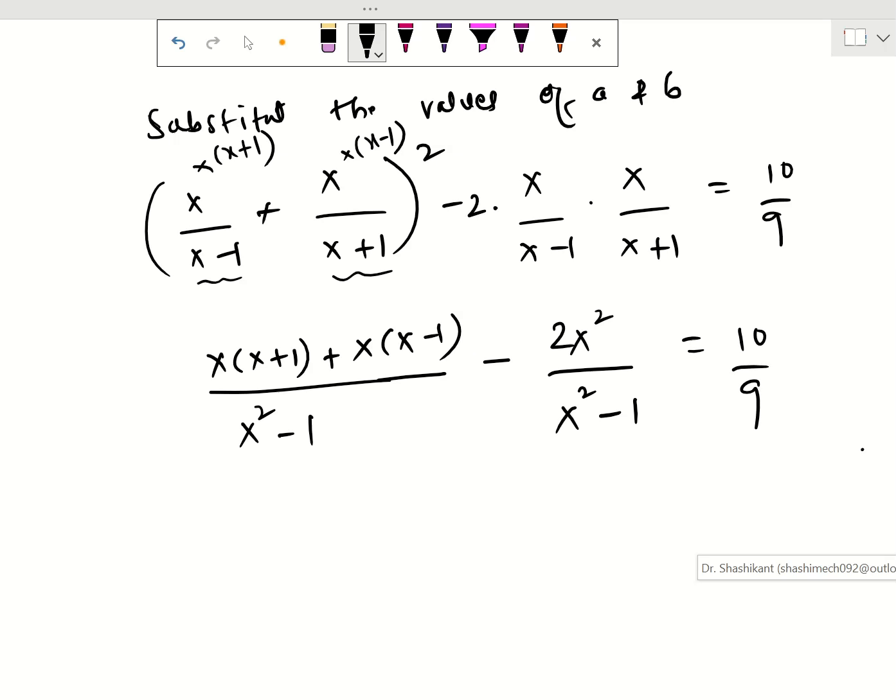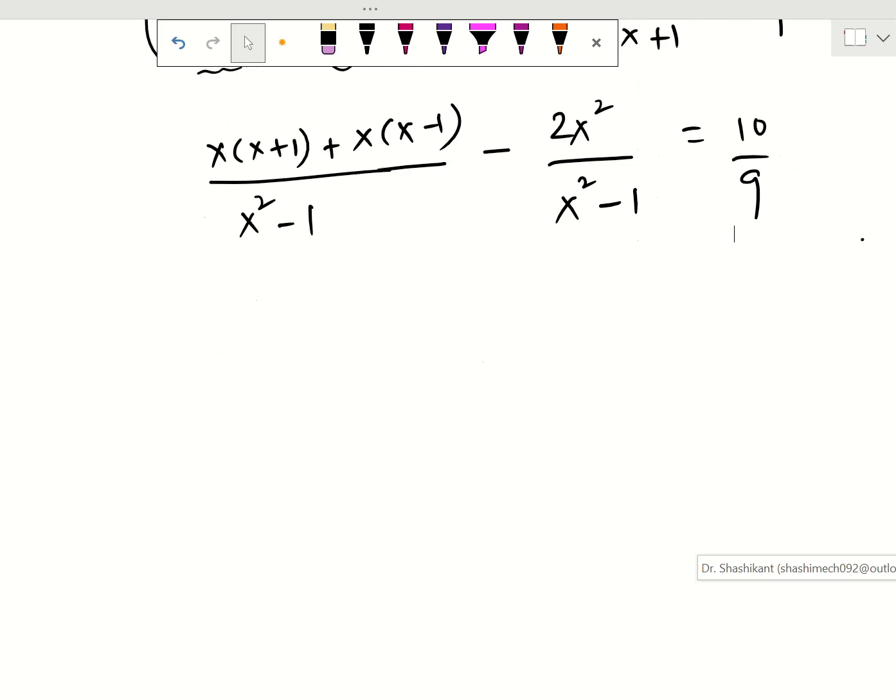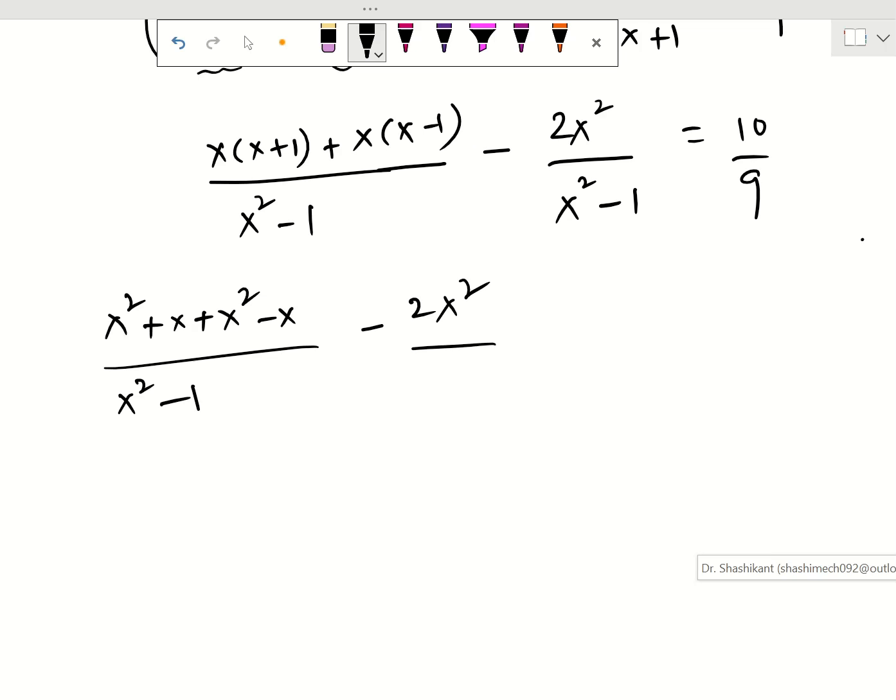Again if we solve this, multiplying these terms inside, it will be x into x, x square plus x, and plus x into x square minus x, divided by x square minus 1. And minus 2x square divided by x square minus 1 is equal to 10 over 9.